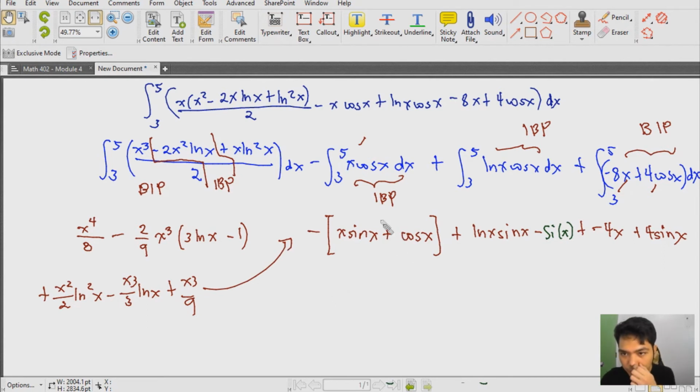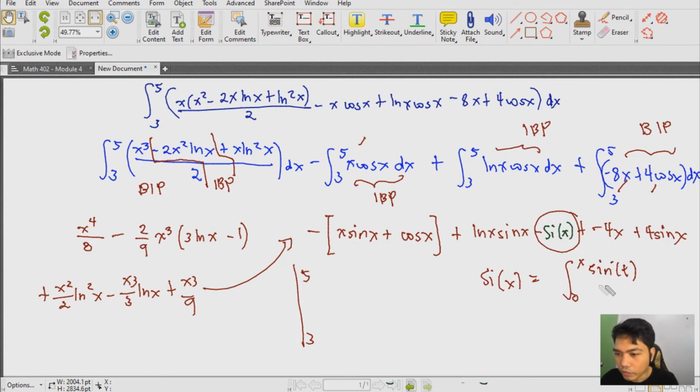Hopefully you get it. We did them one by one, and all of them are integrated from 3 to 5. So you just have to substitute 3 and 5 in this case, and then you should get the answer. I won't show the substitution, since we can get the values. But in this part, SI of x, you have to remember that SI of x is equal to the integral from 0 to x of sine of t over t dt, so it started with 0.